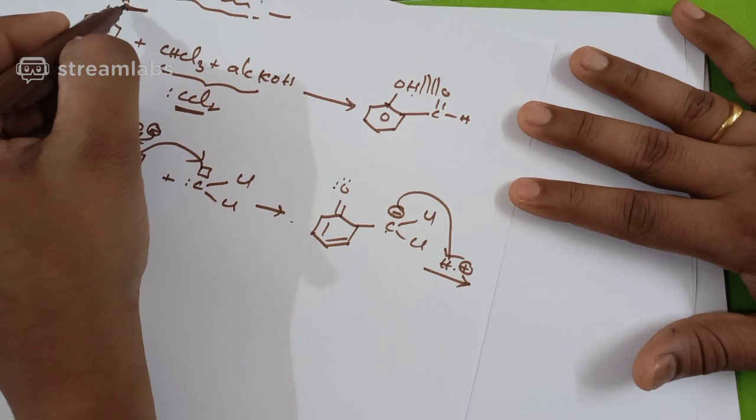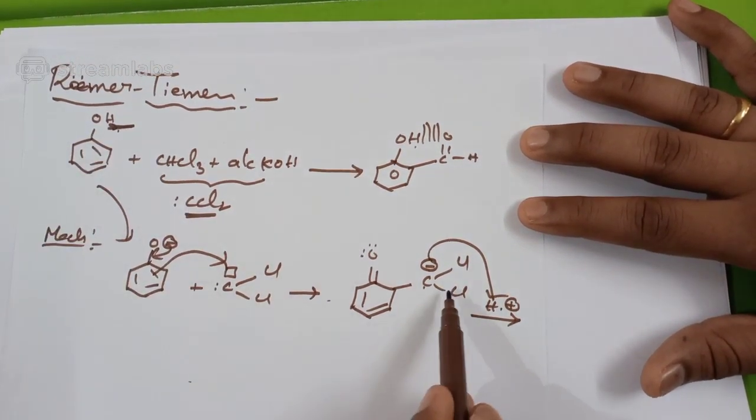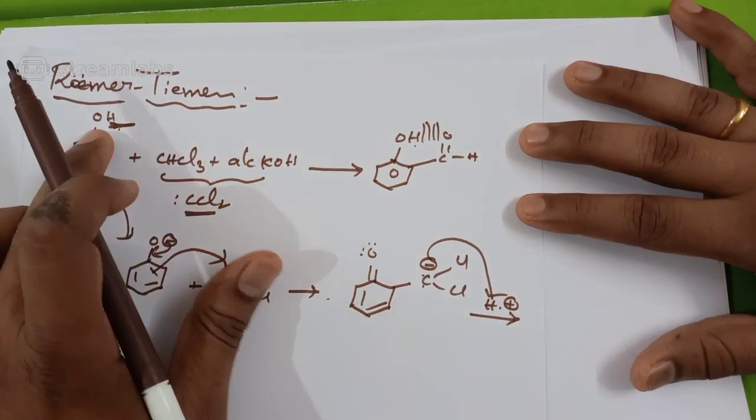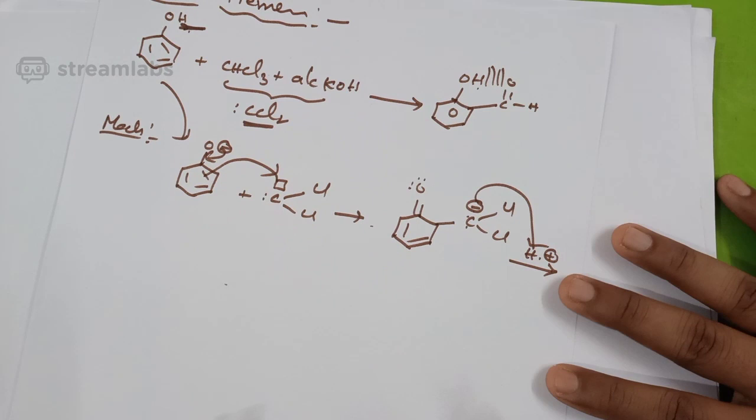So whatever H is removed from here, that H will attack here. See, if they give OD, for example, we can write CD, no doubt at all.